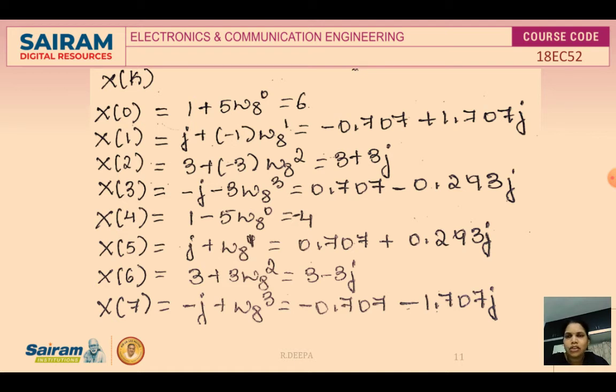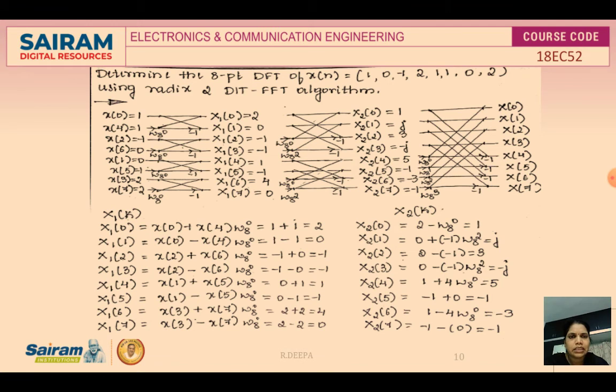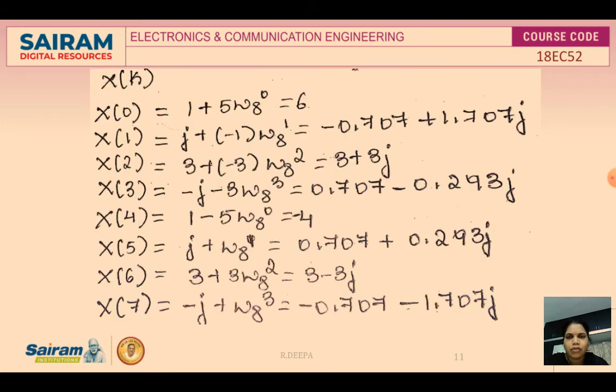And x of 1, you can write it as x2 of 1 plus x2 of 5 into W8 power of 1. And the value seems to be minus 0.707 plus 1.707j.